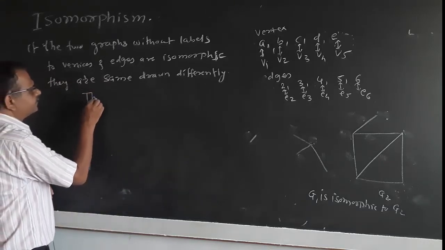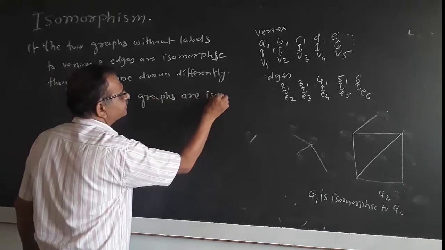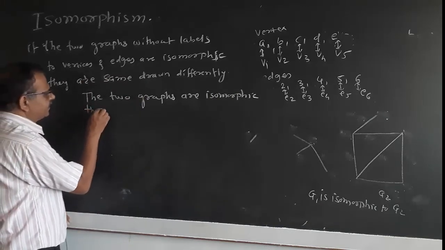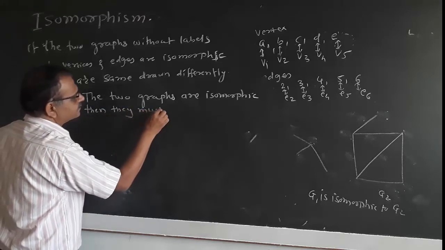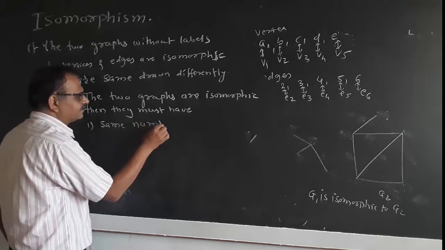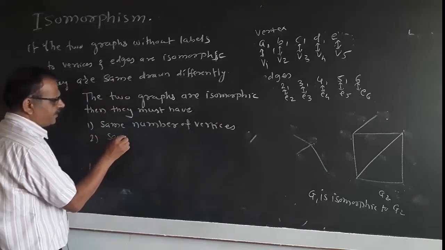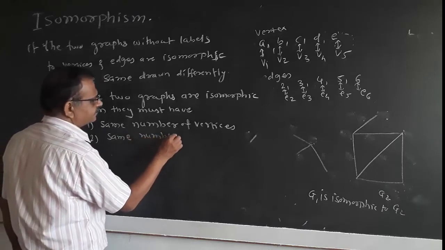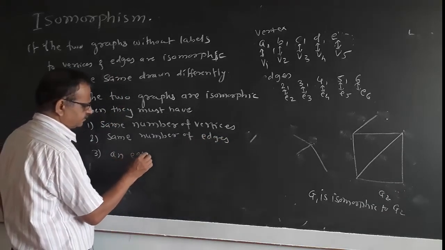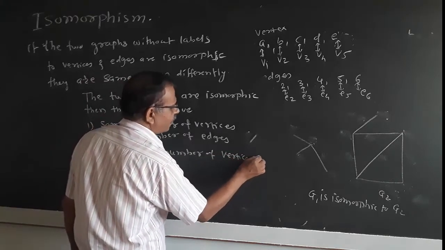If two graphs are isomorphic, then they must have first, the same number of vertices; second, the same number of edges; and an equal number of vertices of given degree.